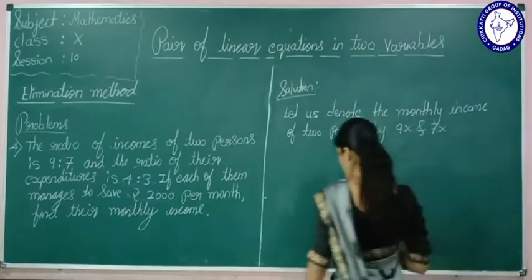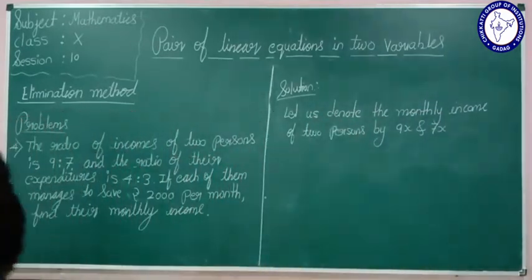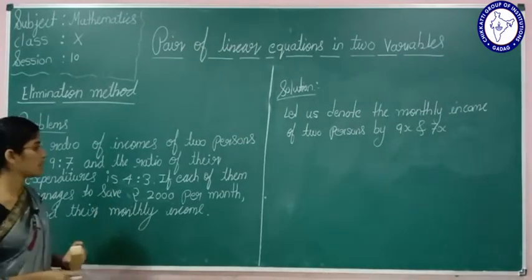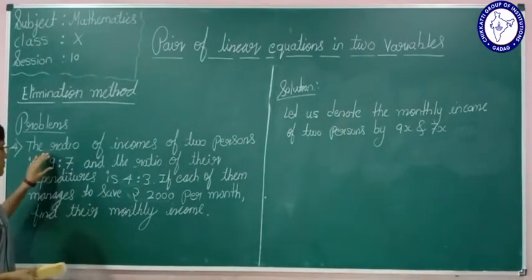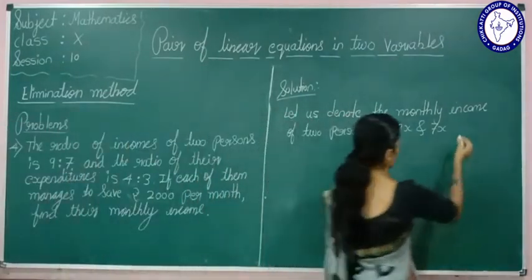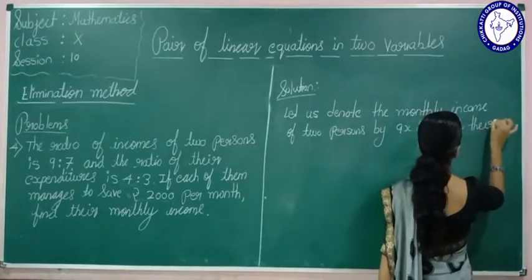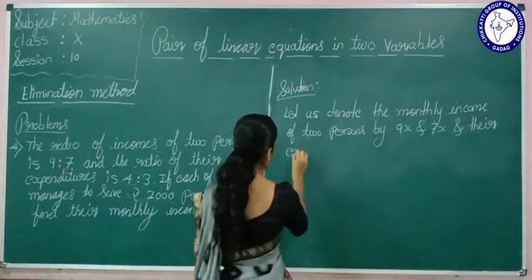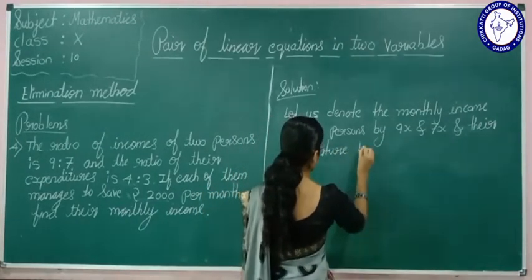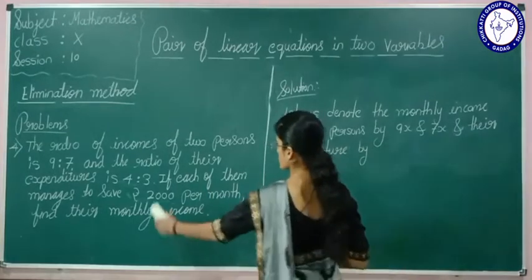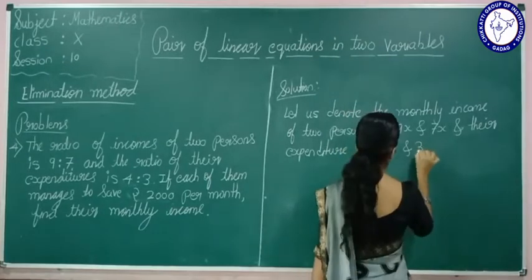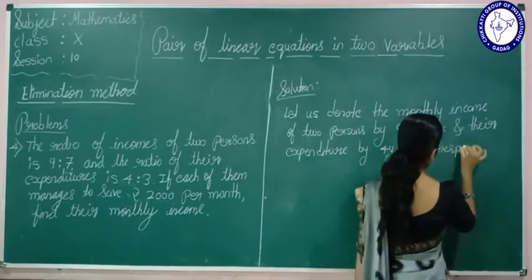Okay, now see here, we have denoted the monthly income of the two persons by 9x and 7x. And they have given expenditure, right? And we denote their expenditure by 4y and 3y respectively.